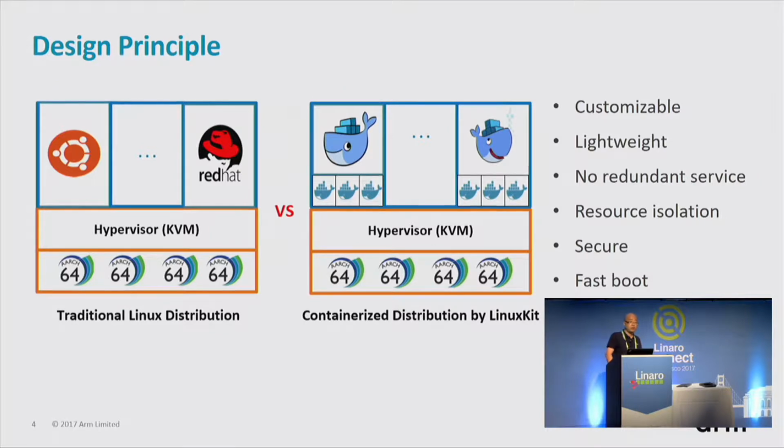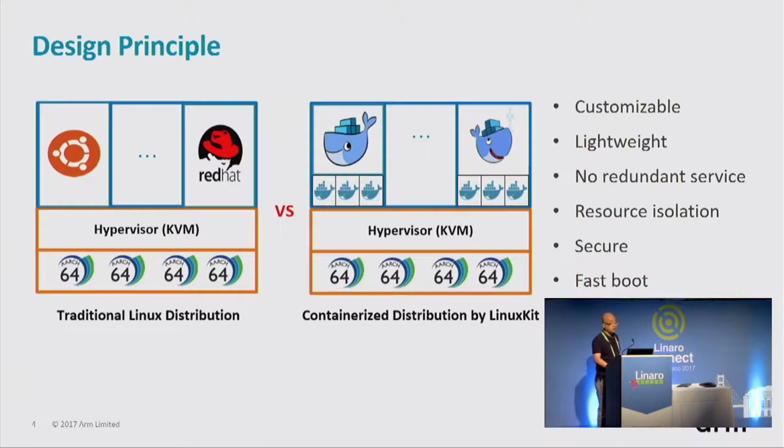In this slide, we will talk about the design principle of the LinuxKit project. It's a core belief of the project, something like a code of conduct when you want to contribute code to the LinuxKit community.